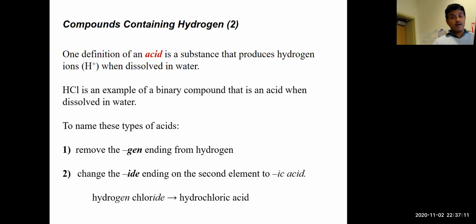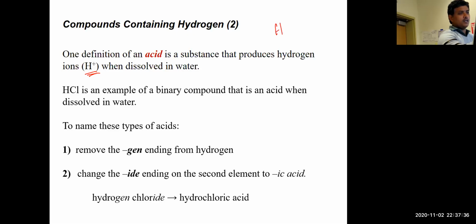So whenever you have a binary compound, but your hydrogen is acidic, this is how you would name them. Don't worry too much about how to identify acidic molecules. I'm not going to give you so many acidic variations in this term. We spend lots of time on that in Chem 223 later in the year, but for now, just know this one.